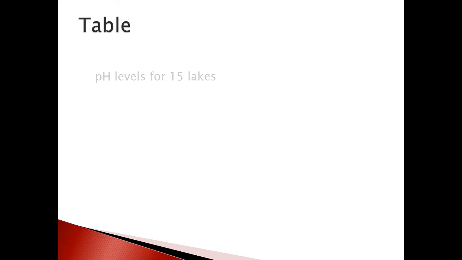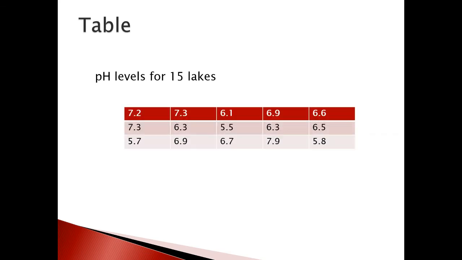Here we can see a table of pH levels for 15 lakes. From this table we can calculate X bar and S, and in our example we already have mu 0 equals 6, alpha equals 0.05, n equals 15.